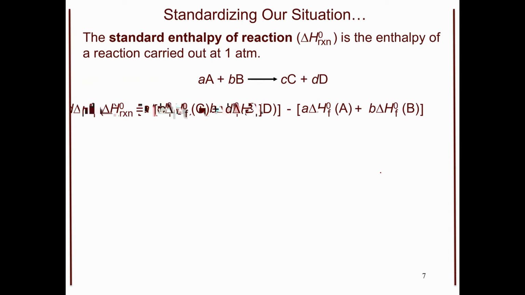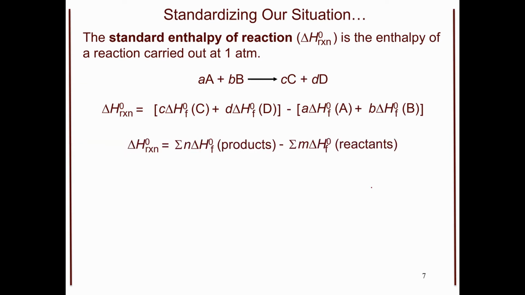Now, I know that there's a lot of Greek letters in this format and it can seem overwhelming, so let's go ahead and streamline it down to a little bit nicer format. A better way of saying this is that the sum of the energy of the products minus the sum of the energy of the reactants will give us the delta H of the reaction.